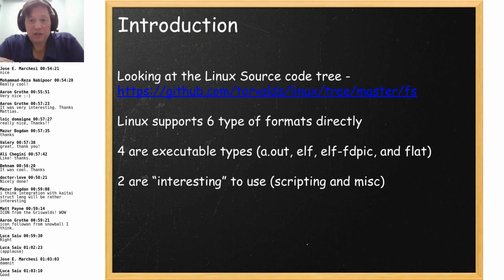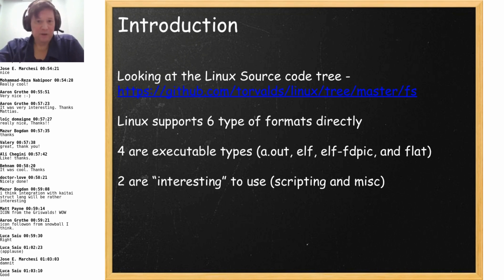If you look at the Linux source code tree, Linux supports 6 types of formats directly, 4 executable types, a.out. If you've been doing kernel since like I have been for many, many years, you'll remember back in about 1995, there was a huge, I would use the term holy war, is probably not an understatement, between moving from the a.out format to the ELF format, because there was a whole lot of stuff required to rebuild the kernel.